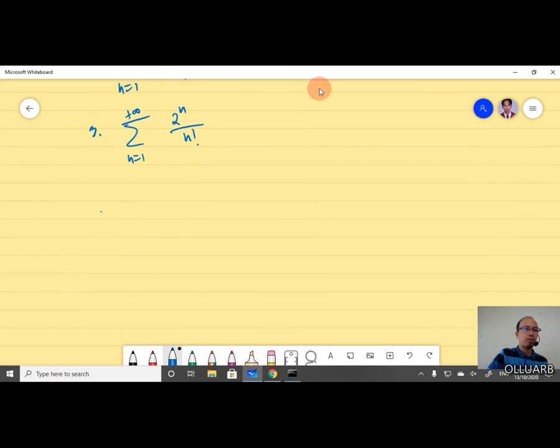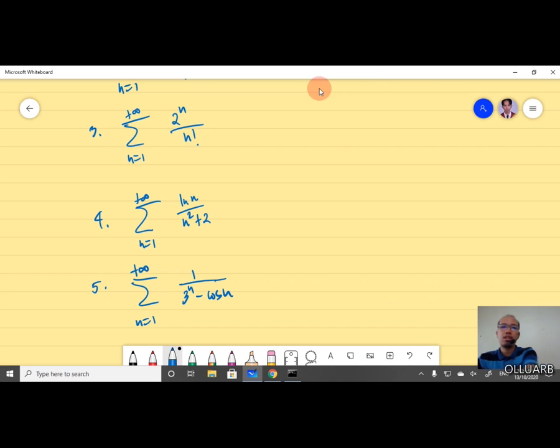Number 4, summation of ln of n over n squared plus 2, where n starts from 1 to positive infinity. Number 5, summation of 1 over 3 to the n minus cosine n, where n starts from 1 to positive infinity.